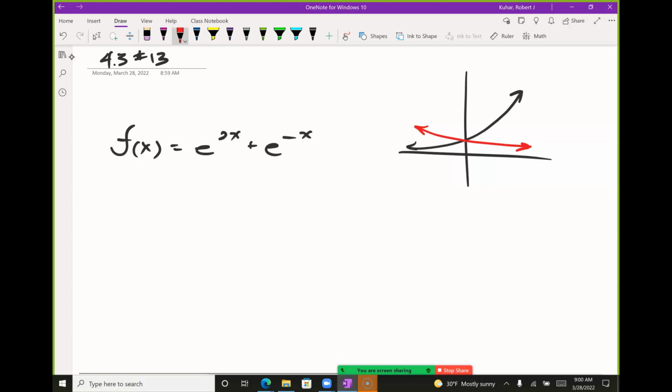So it looks to me like these pieces added together are going to just increase it a little bit, and these pieces added together will increase the red a little bit, and the other ones will increase the black a little bit. So I'm going to get something like this.